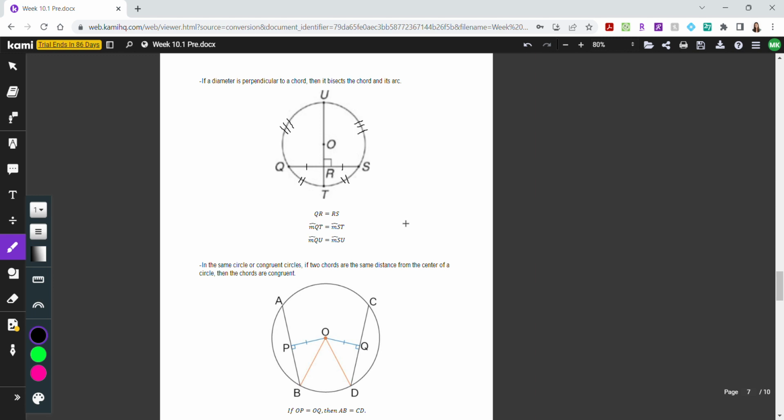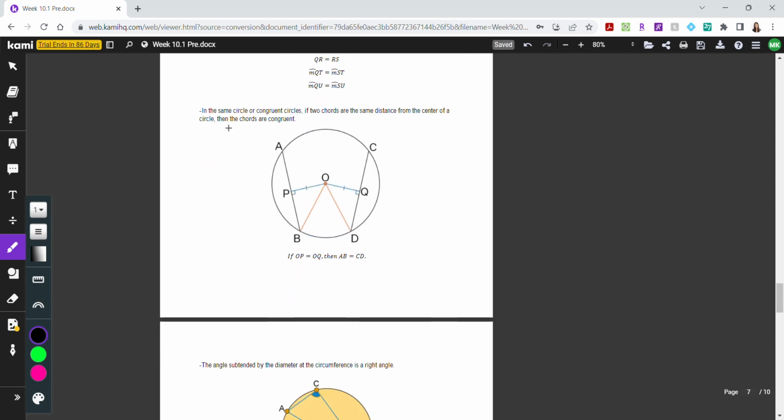This one's also another really good one to remember. In the same circle or congruent circles, if two chords are the same distance from the center of a circle, then the chords are congruent.